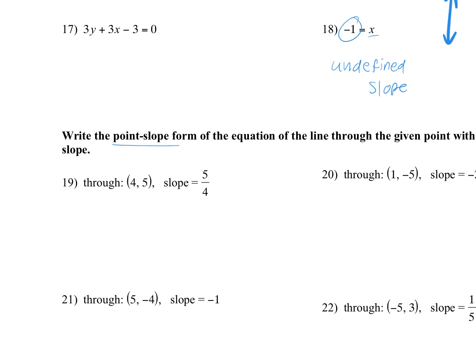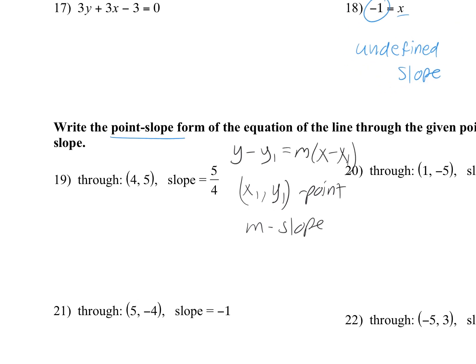So now, point slope, we said, was y minus y1 equals m times x minus x1. And we have x1, y1 is your point, and m is your slope. So let's go ahead and label these.